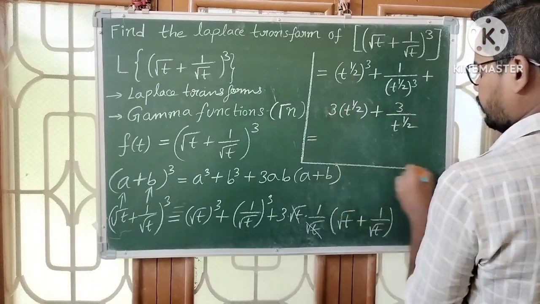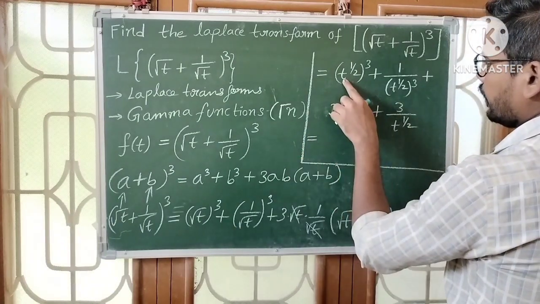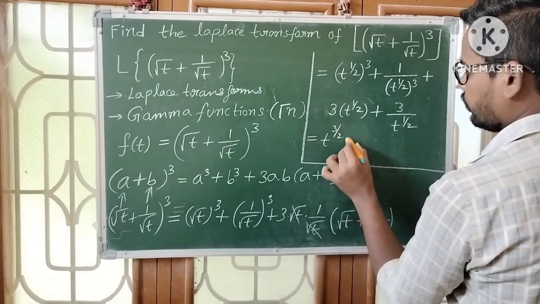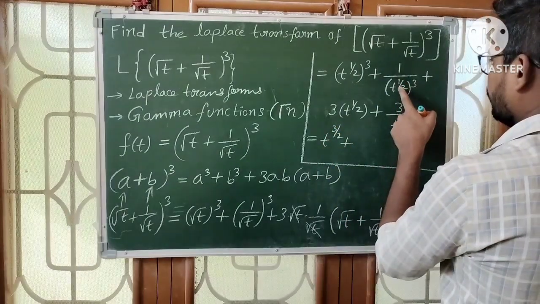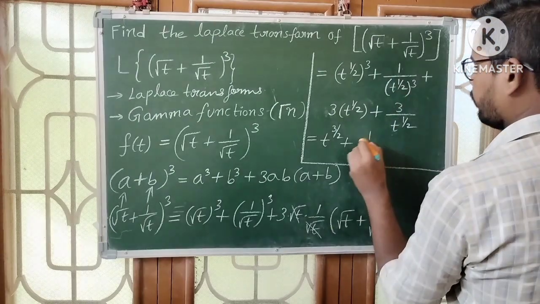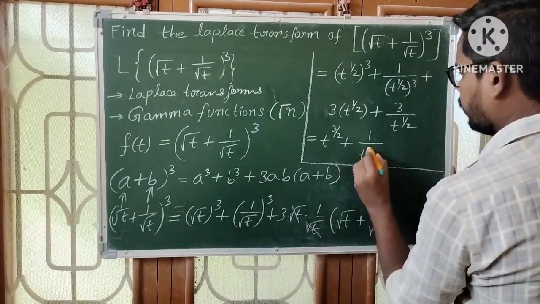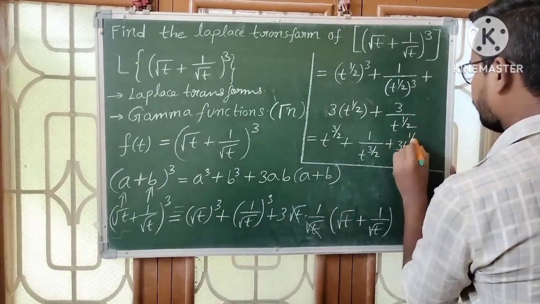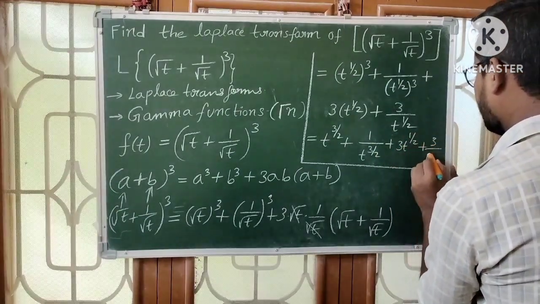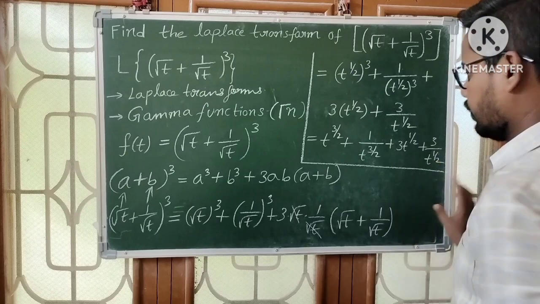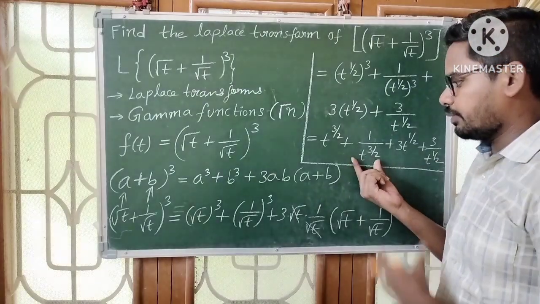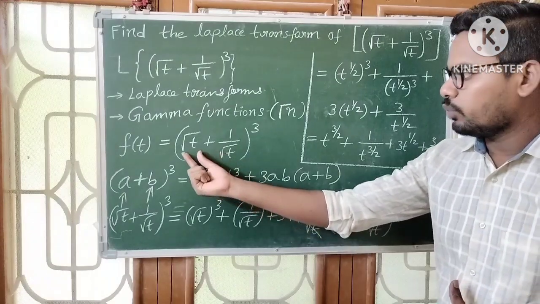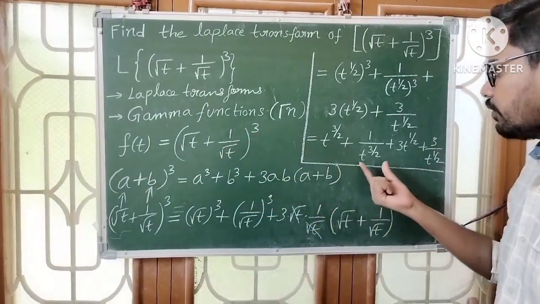This is like (a power m) whole power n equals a power mn. So we get t power 3 by 2 plus 1 by t power 3 by 2 plus 3 t power 1 by 2 plus 3 by t power 1 by 2. This is the expanded form of (root t plus 1 by root t) whole cube.